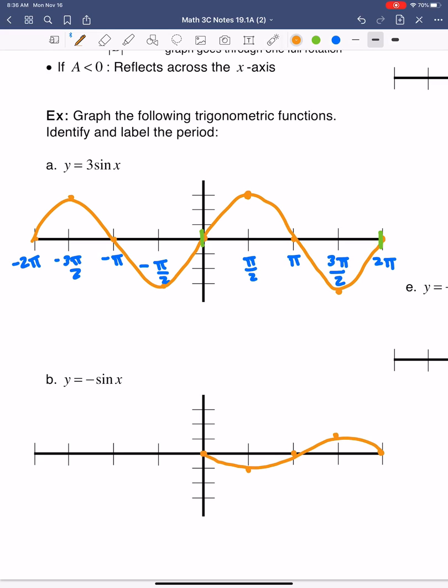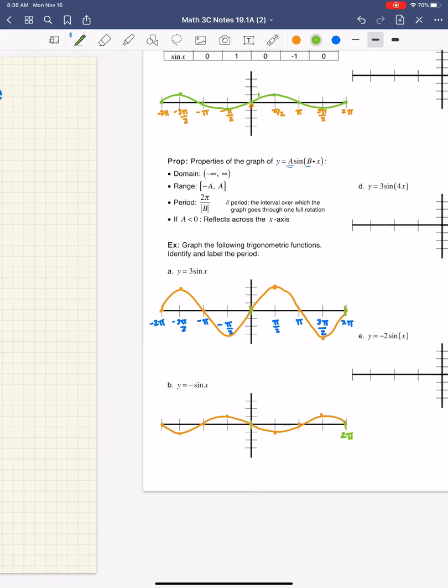So it looks something like that, right? And we can follow that pattern straight into the other direction here. Okay, and again, our period is 2 pi because we get to one full cycle from 0 to 2 pi.